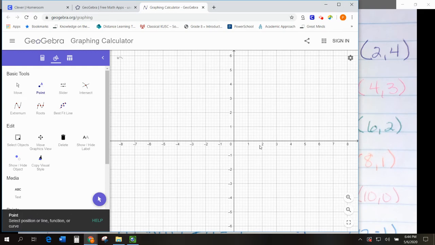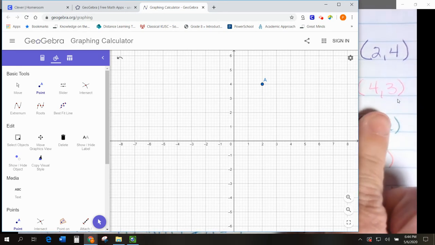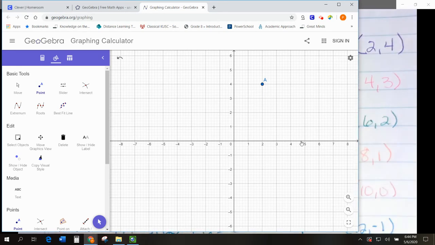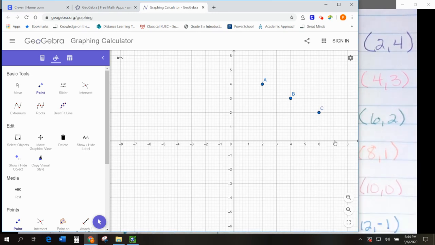My first point is 2, 4. My next point is 4, 3, so across 4, up 3, 6, 2, across 6, up 2, 8, 1, so I'm going to cross 8, up 1.